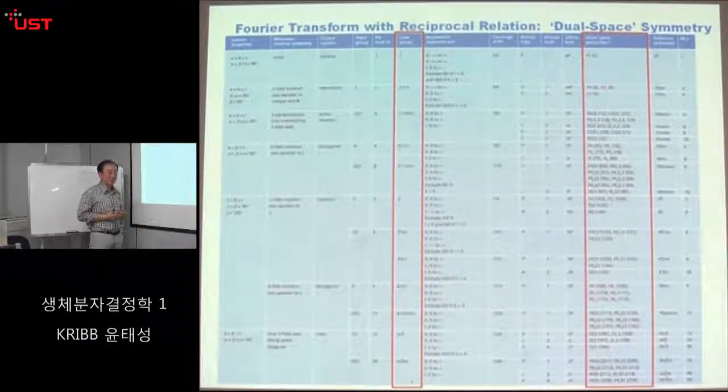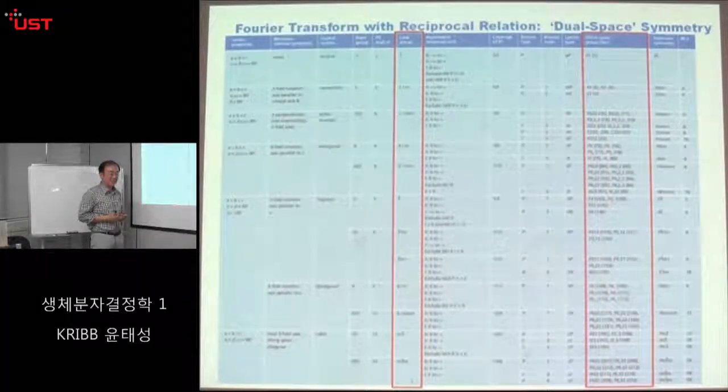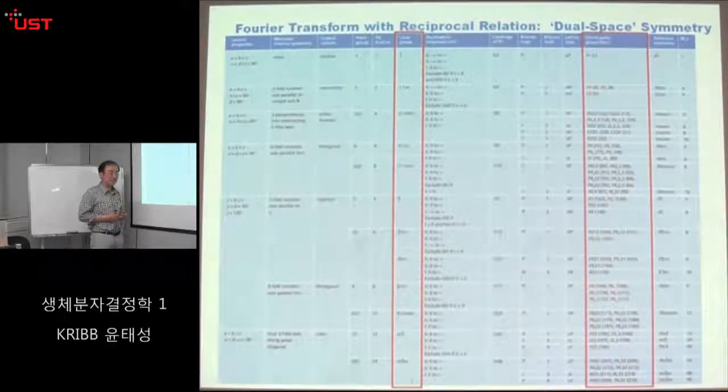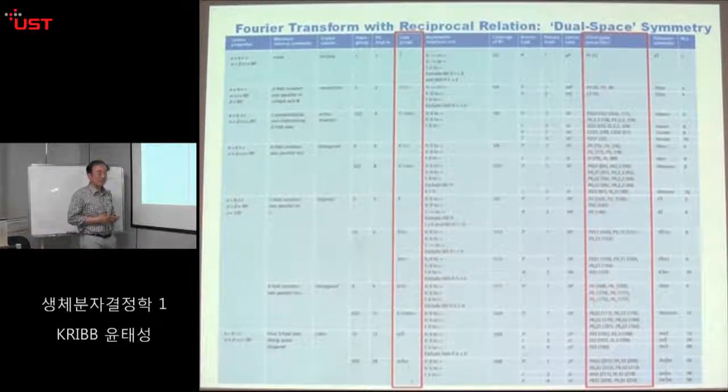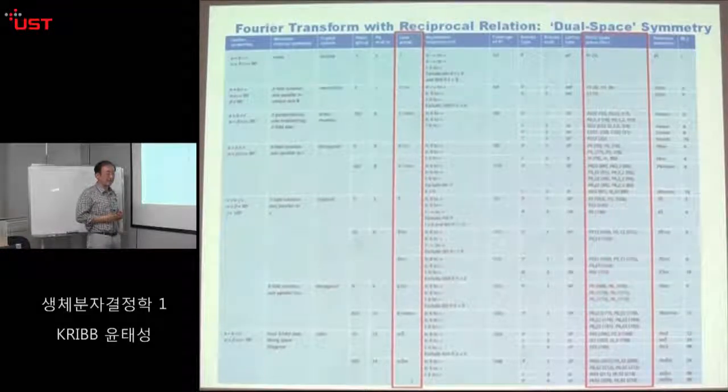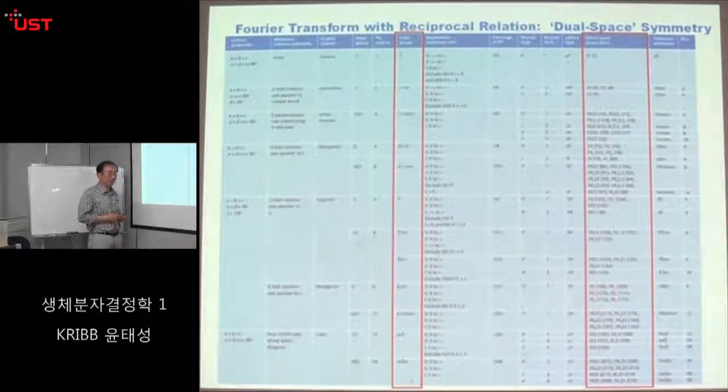What is something else? 1, 2, 3, 4, 6. Actually, those are numbers for computation. But here, 1, 2, 3, 4, 6 are not used as numbers for computation. They are used for something else.